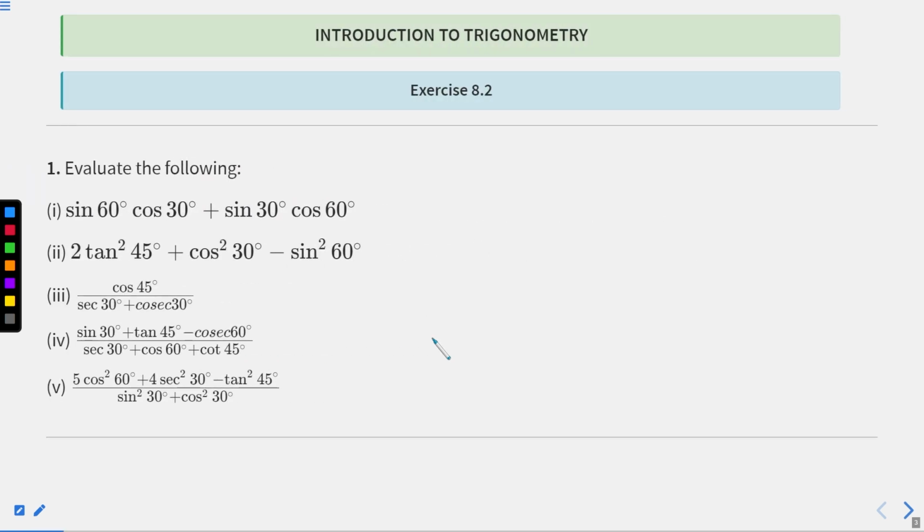In question number 1, we have to evaluate the following expression: sine of 60 degree times cos of 30 degree plus sine of 30 degree times cos of 60 degree.